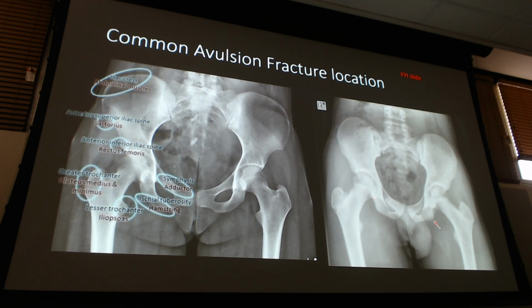When you follow your cortex, you're smooth, and you can see the break right there, a break in the cortex, this extra little fleck of bone, looks like it's just peeled off of the ischial tuberosity. That is a common avulsion fracture area in the pelvis, usually from the hamstring, right, or the iliopsoas muscle working.